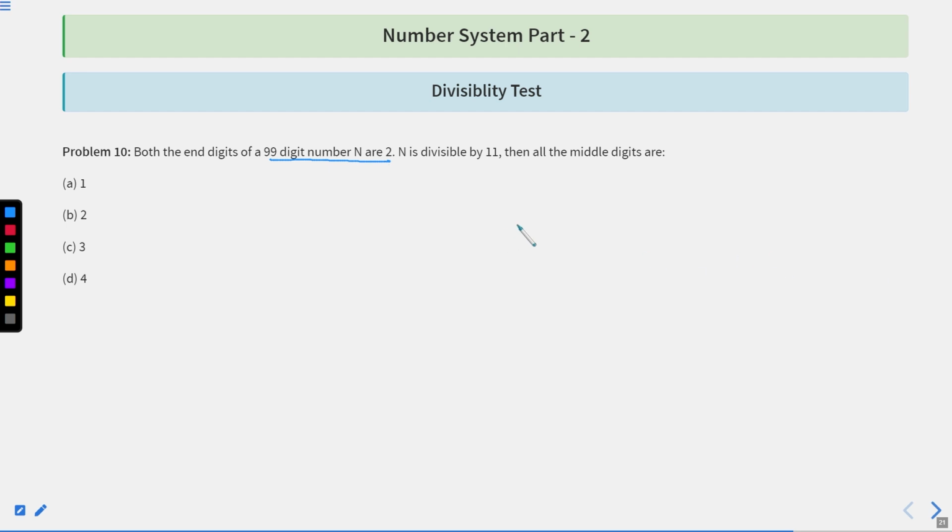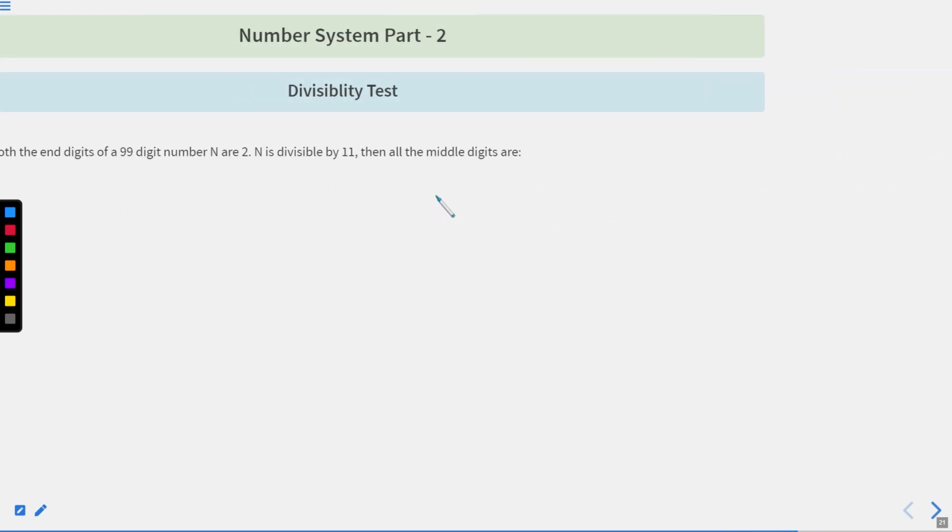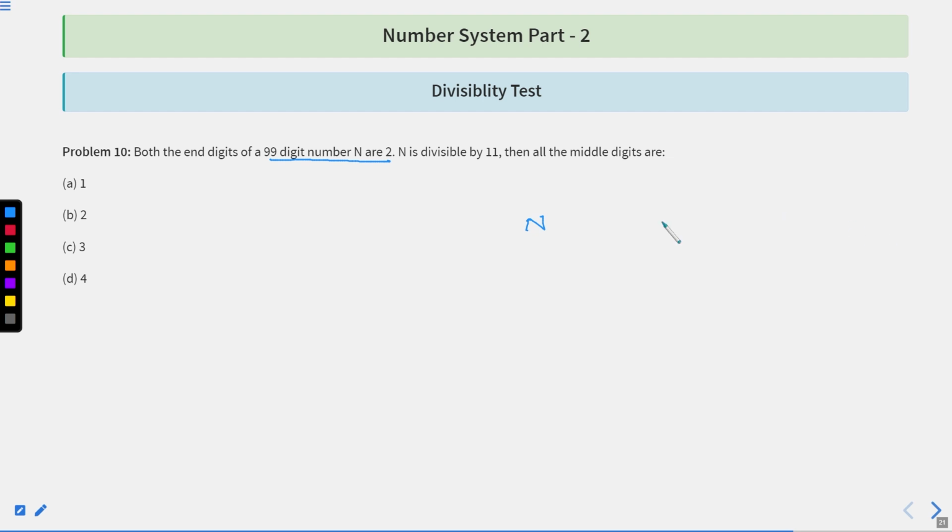We are provided with a number N, and it is given that both end digits of this number are 2. So we have 2, then something in between, then 2. This is a 99-digit number, so we have 97 digits between these two.